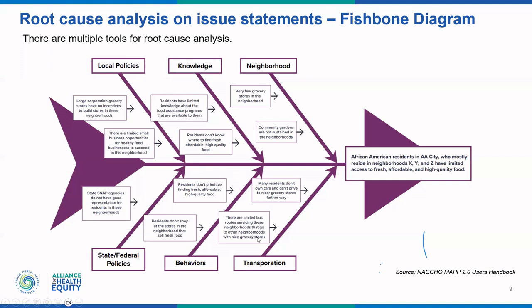For example, we know that neighborhood is a core influencer of people's ability to access food based on the data. So what does the data say about how neighborhood is influencing this issue? The data says that there are very few grocery stores in the neighborhood, community gardens are not sustained in the neighborhoods, and that is contributing to this outcome. Those are examples of the root causes.